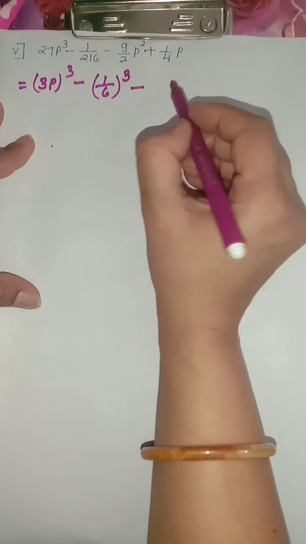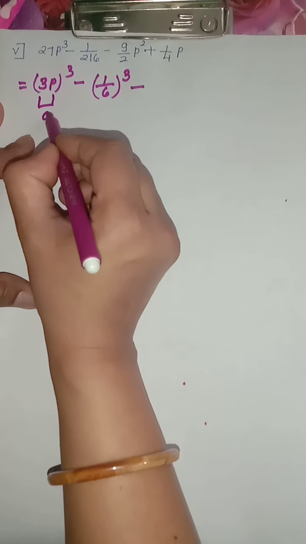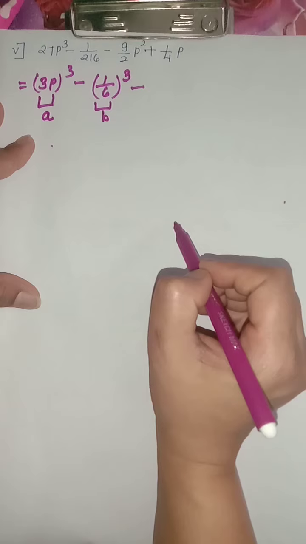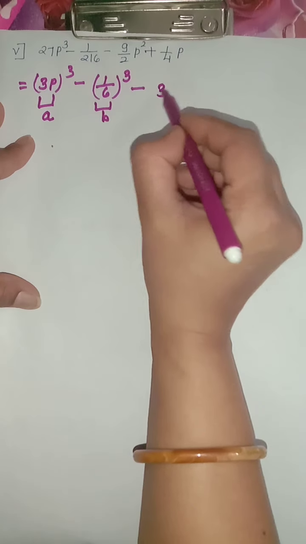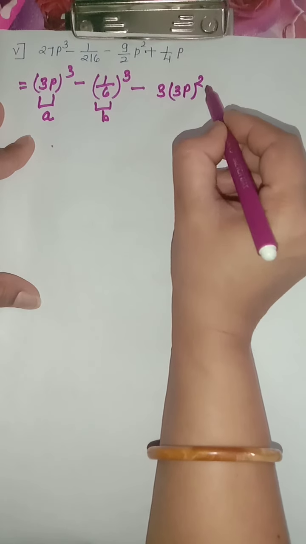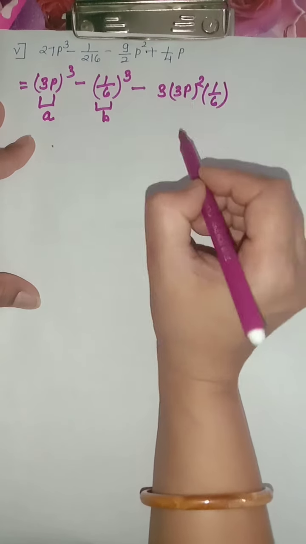Next step 3a square b: here the value of a is 3p and the value of b is 1 upon 6. So 3a square b means 3 into (3p) whole square into 1 upon 6.